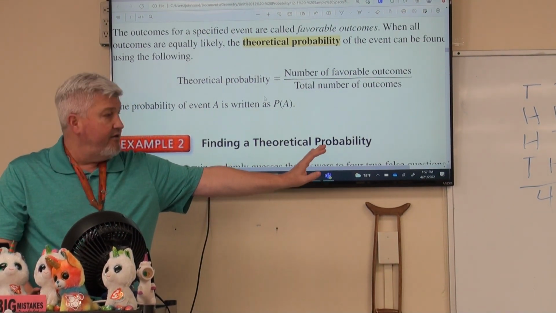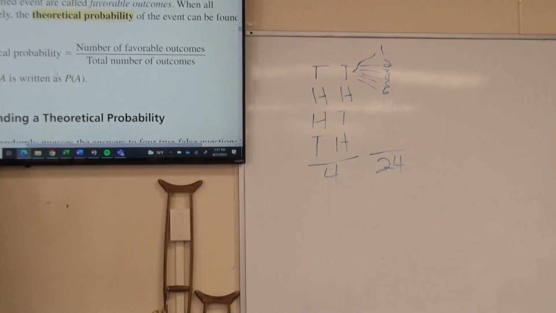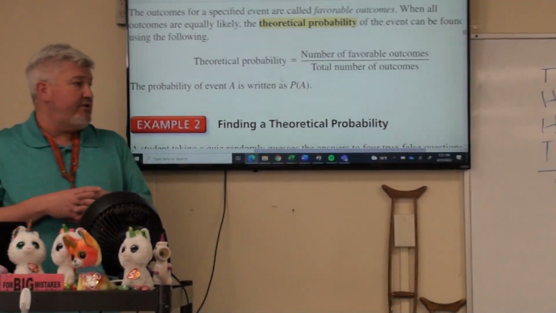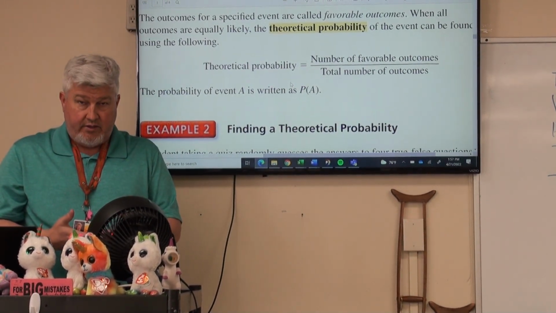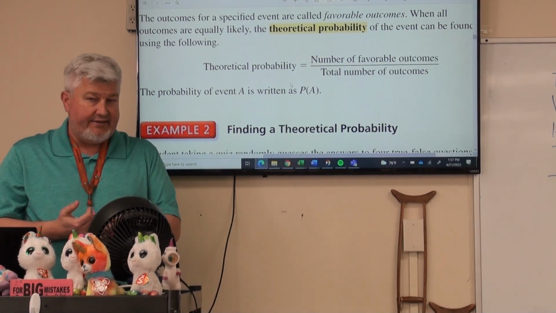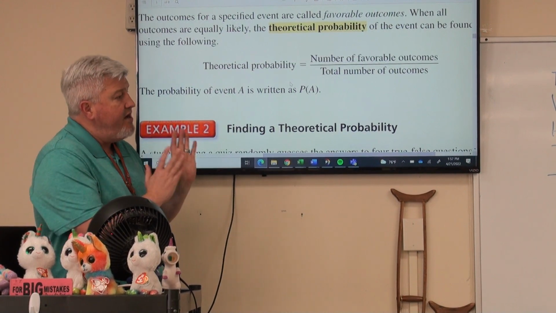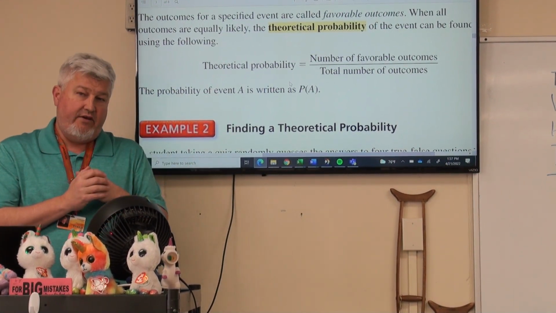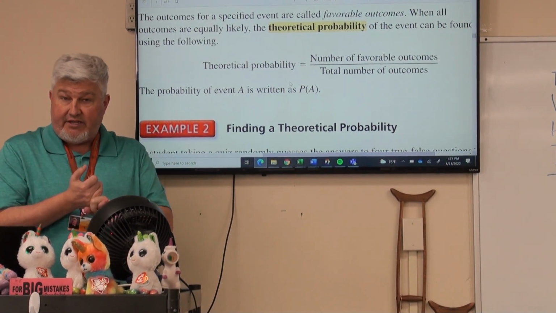let's just consider where we flipped 2 coins, okay? Let's say I've decided that my favorable outcomes in this experiment are gonna be that I get 2 of the same thing, either 2 tails or 2 heads. So in this instance, Holly, what is the number of favorable outcomes that I have? Forget the dice, just the coins. 2. Either tails, tails, or heads, heads.